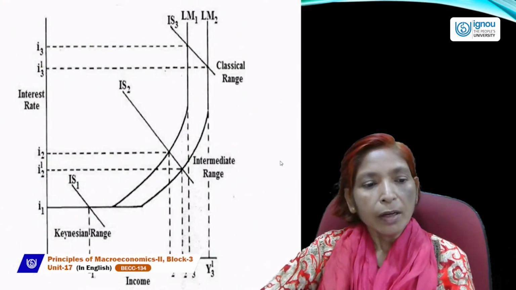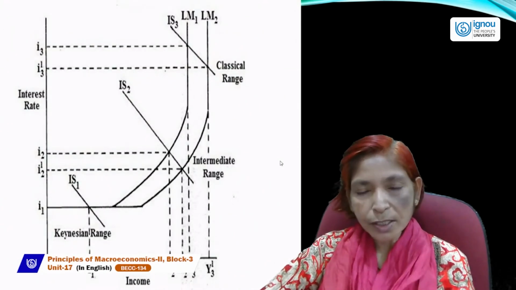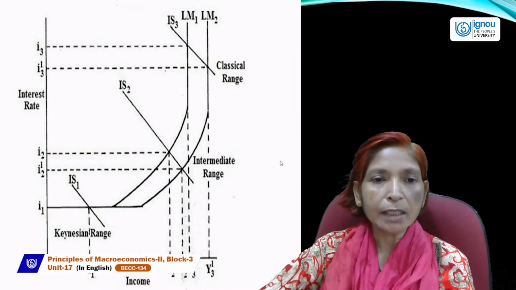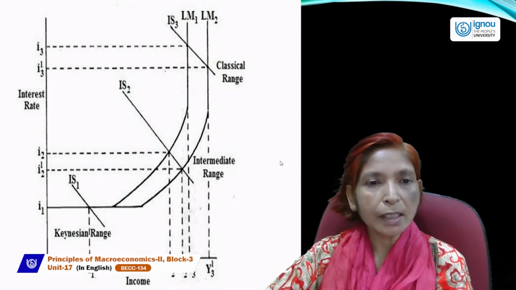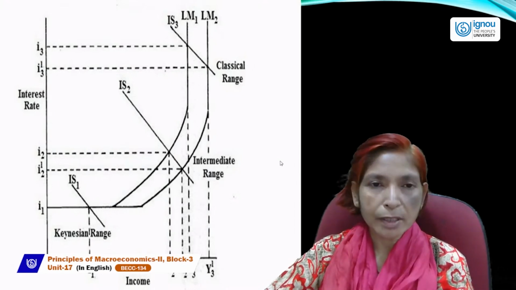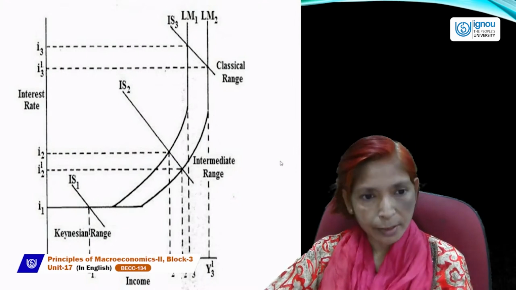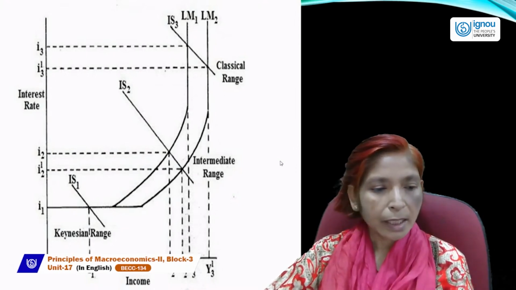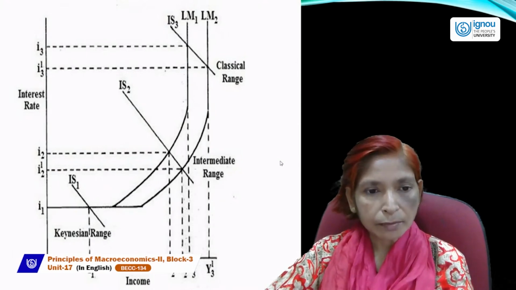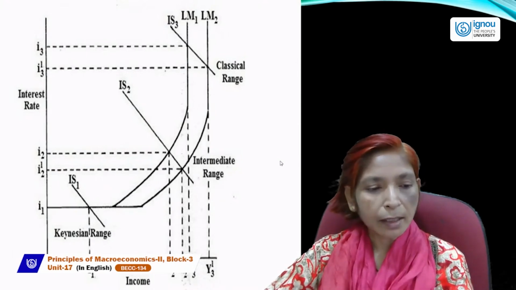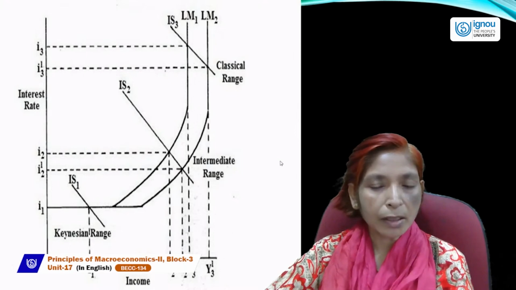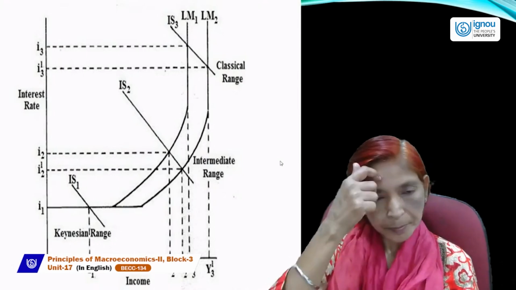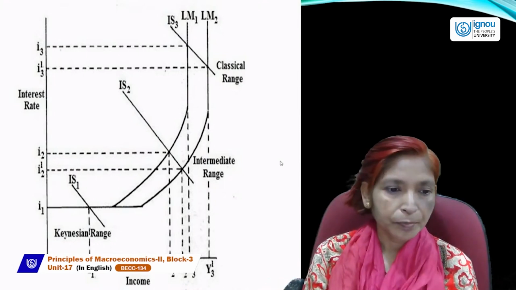Next, if the IS curve remains constant and only monetary policy is changing, and if RBI is following expansionary monetary policy, then only the LM curve will shift, the IS curve will not shift. First of all, we will take three ranges: the Keynesian range, a horizontal line; in between, the intermediate range; and the last vertical range, called the classical range.